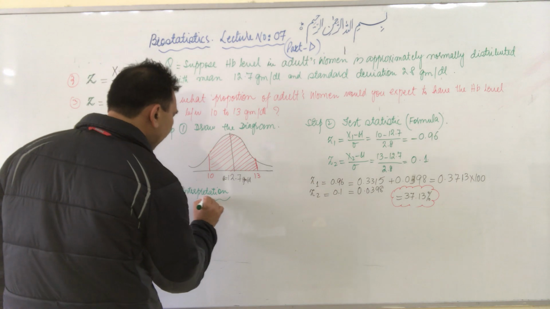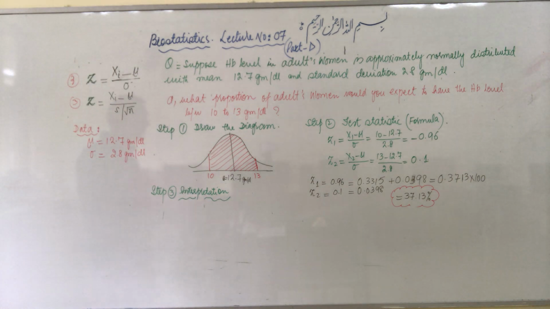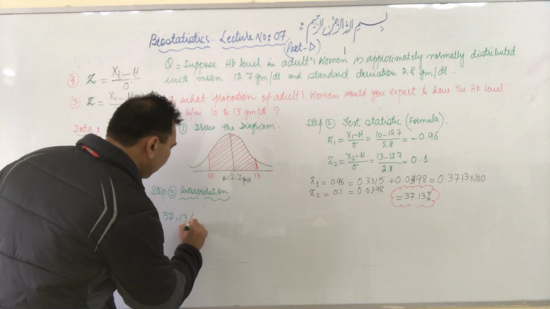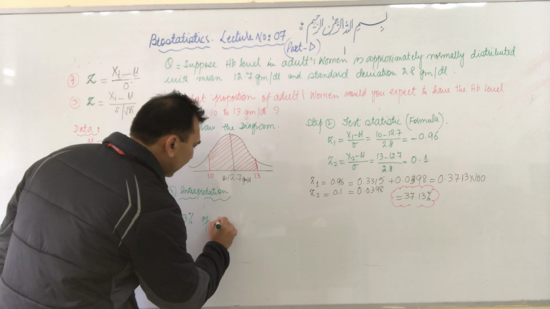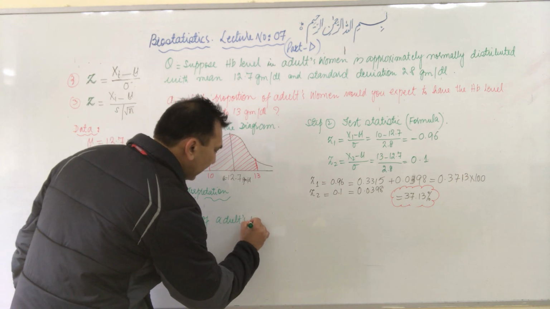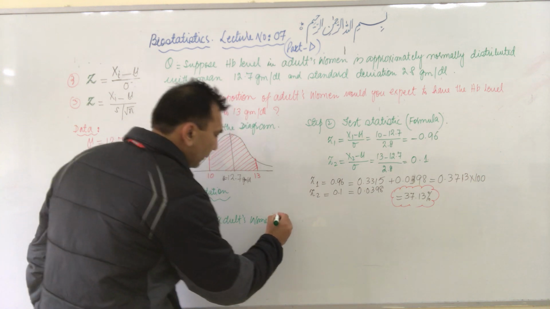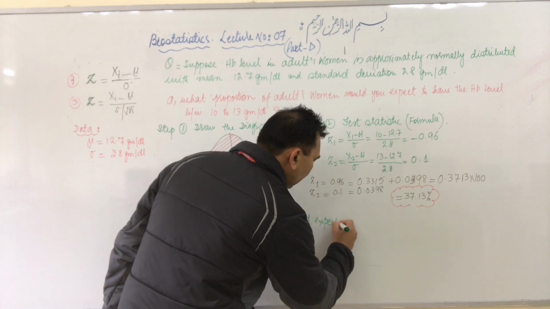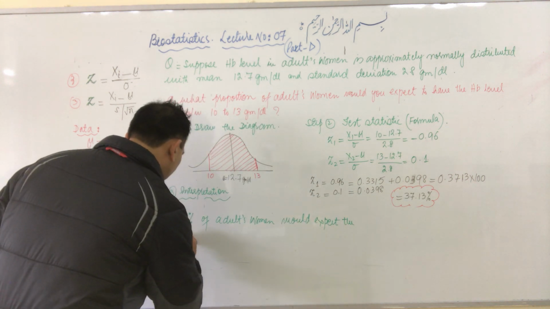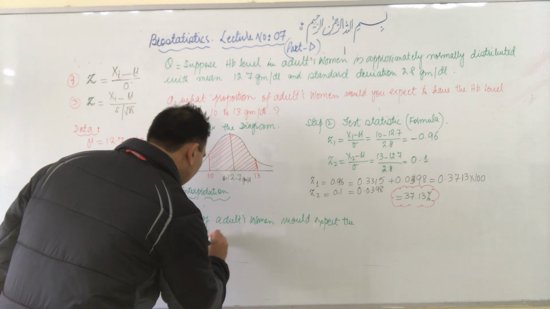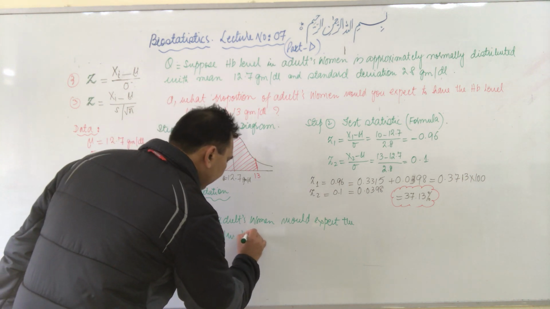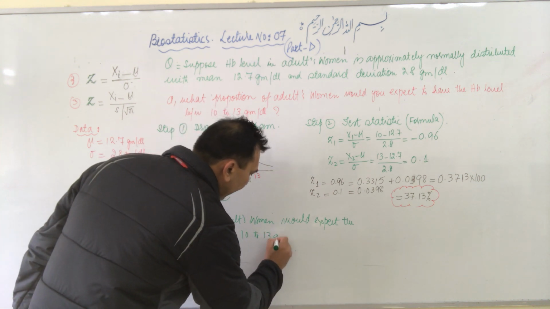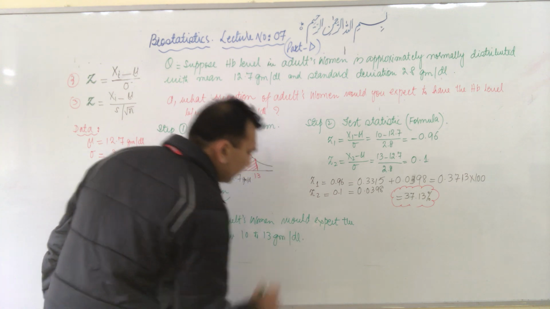We will write down the statement of the result interpretation. So what is the result interpretation? 37.13% of adult women would expect the hemoglobin level between 10 to 13 gram per deciliter.